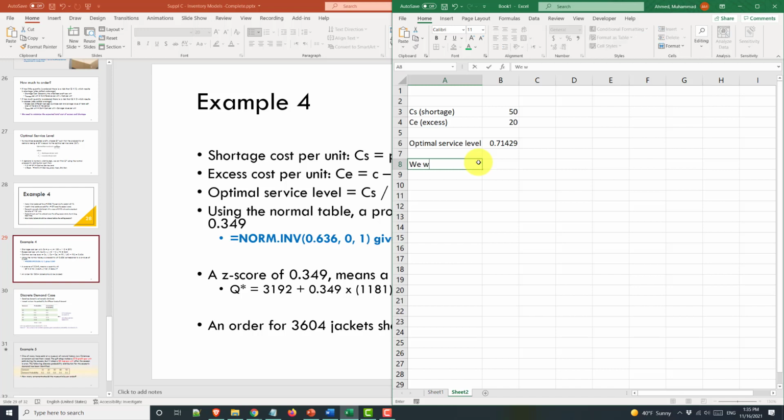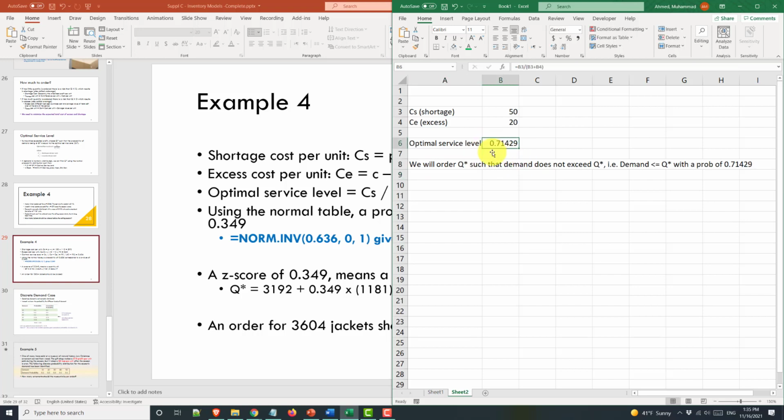So we will order Q star, some optimal quantity, such that demand does not exceed Q star, i.e. demand is less than or equal to Q star with a probability of 0.71429, the optimal service level.